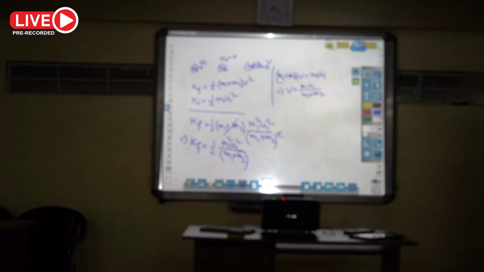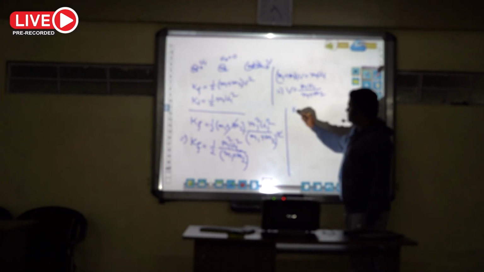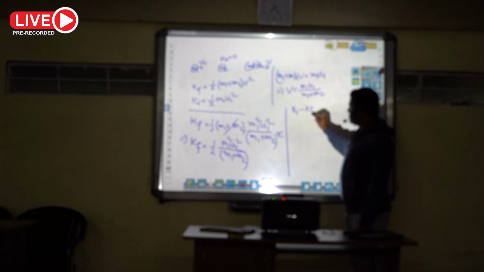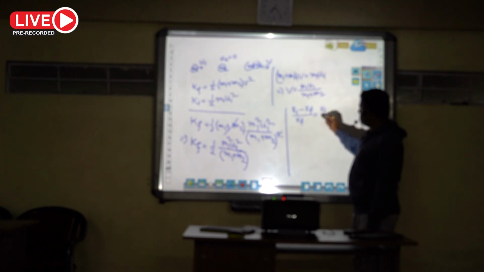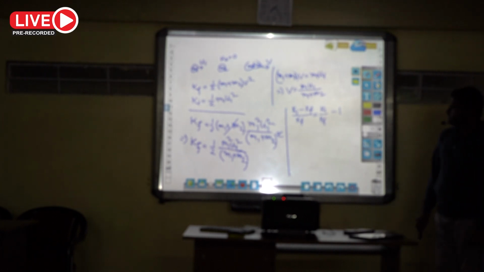So calculate this loss. We can also take it this way: kinetic energy loss means initial is larger, so (Ki minus Kf) by Kf, that fraction. So you can also write this as Ki by Kf minus 1.